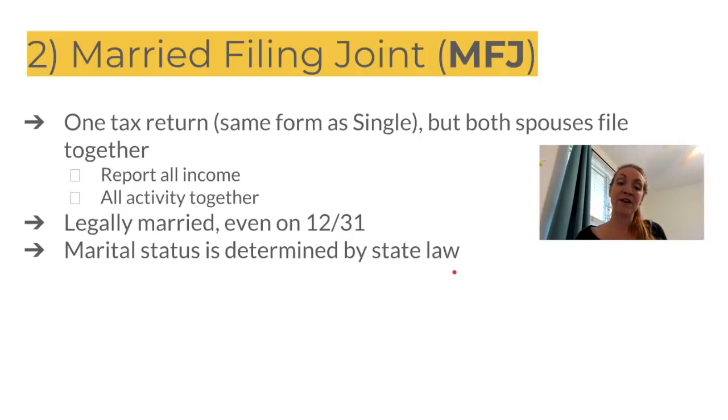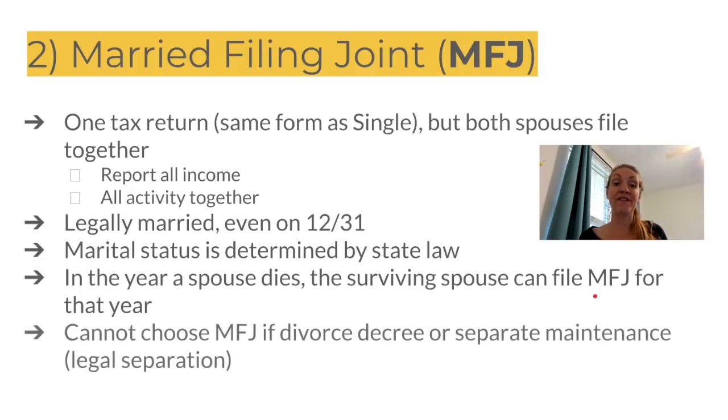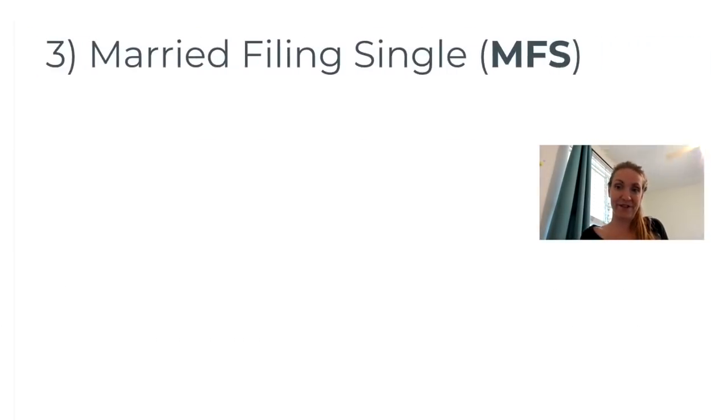And again, marital status is determined by state law. So in the year a spouse dies, the surviving spouse can still file MFJ for that year. And then that's where our 5th filing status will come in. We'll talk about that in a moment. And you cannot file MFJ if you have a divorce decree or separation maintenance, as we mentioned for single, because you're required to file single.